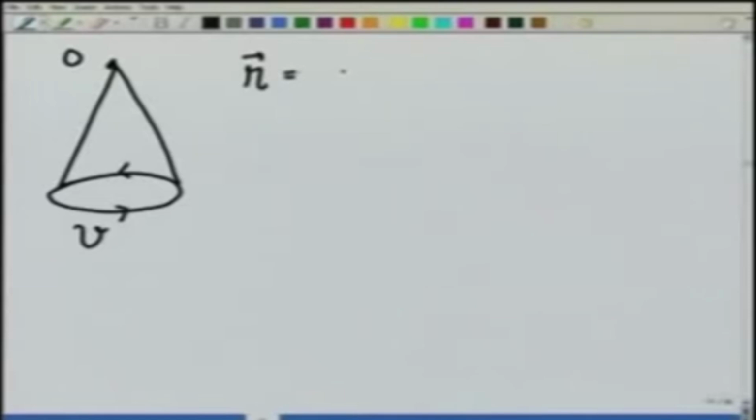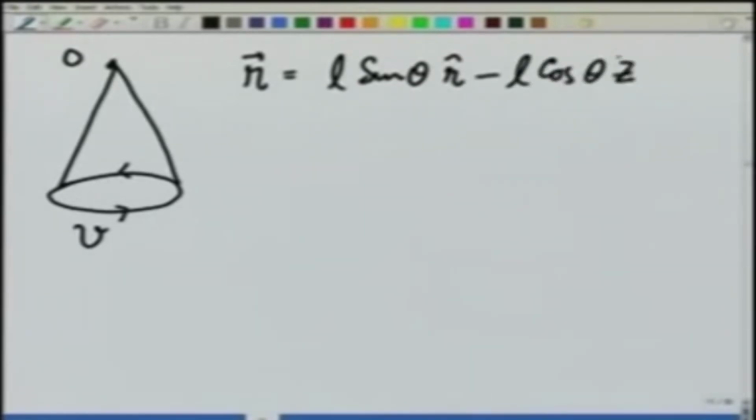Let me again remind you, this is my conical pendulum. The bob is moving around in a circle with velocity v, going in this direction. This is origin O, and we have written r is equal to L sin theta r minus L cosine theta z. V vector is v phi.